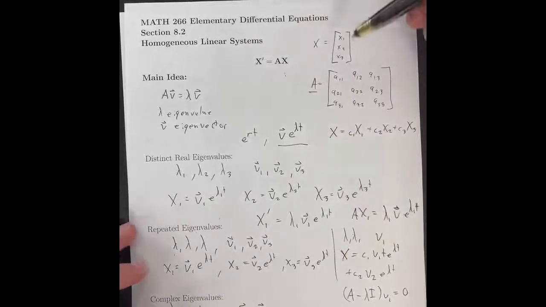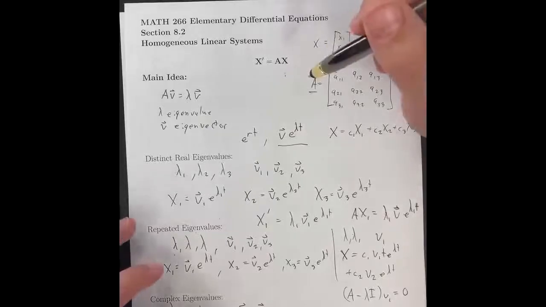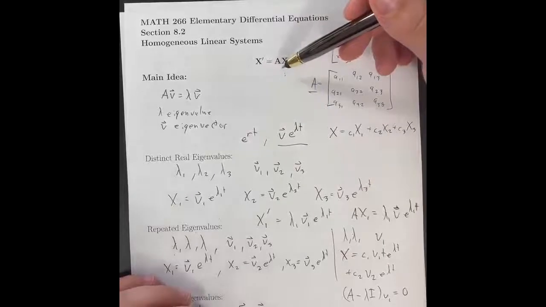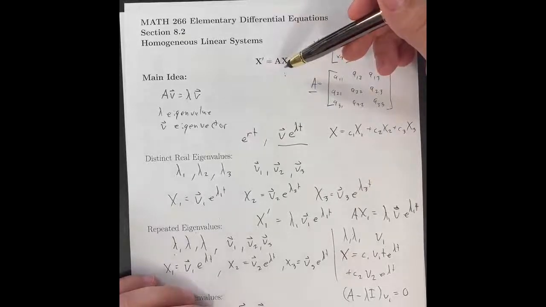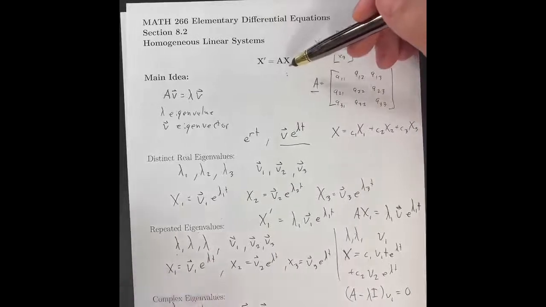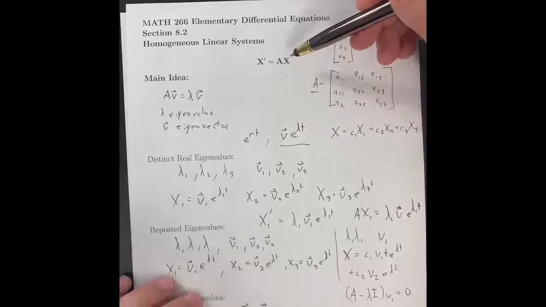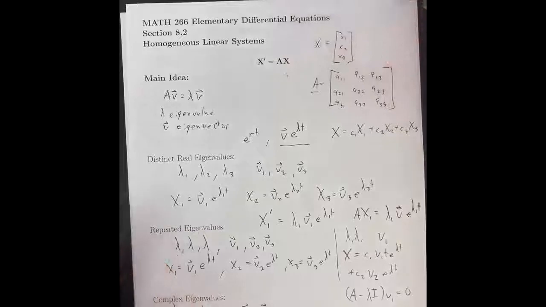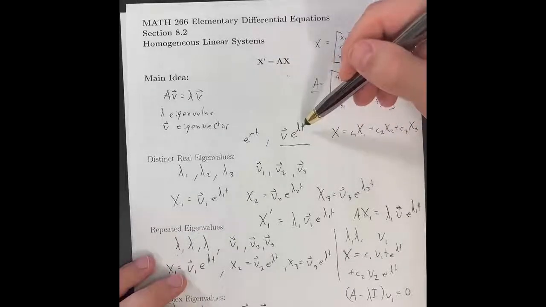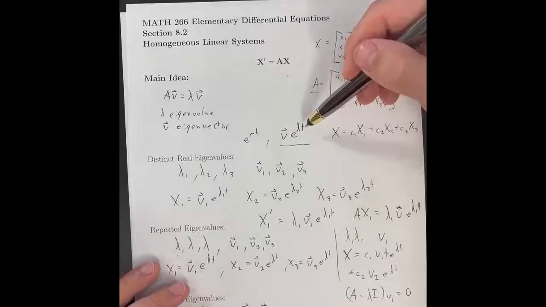Okay, so the last thing I want to say is that the eigenvalues and eigenvectors of a matrix are really important properties of that matrix. They show you something about the behavior of the system. So if you have a matrix with all negative eigenvalues, the solutions are all e^(-t), and they're all these decaying functions.